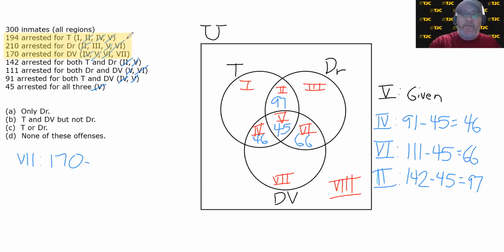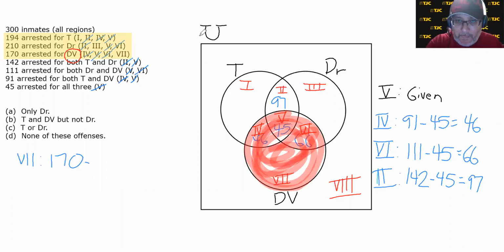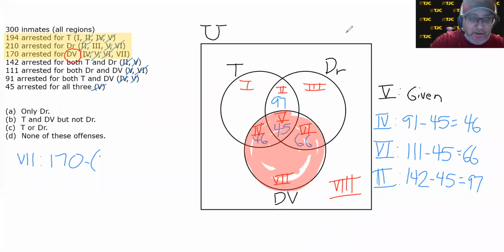Or think of it this way. The 170 represents the DV circle. The DV circle is here. All the numbers in there have to add up to 170. So all I have to do is take 170 and subtract the numbers that we already have: 46 plus 45 plus 66.